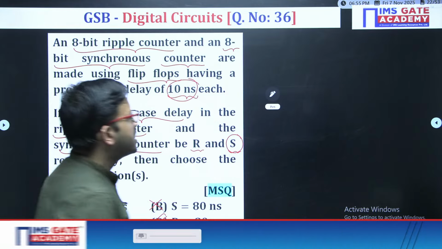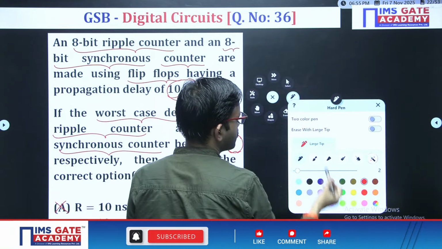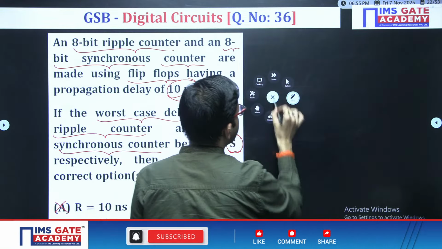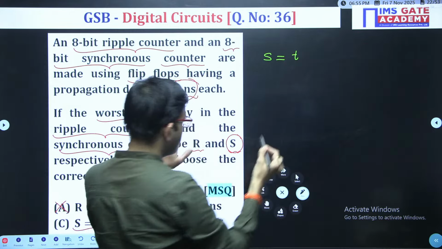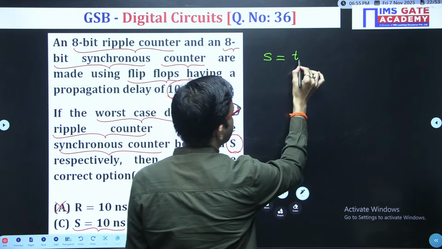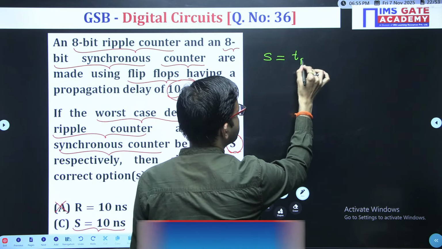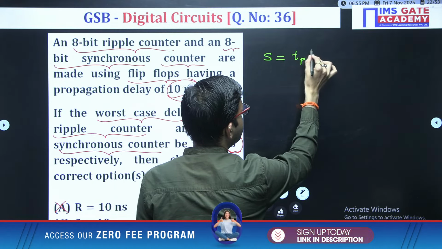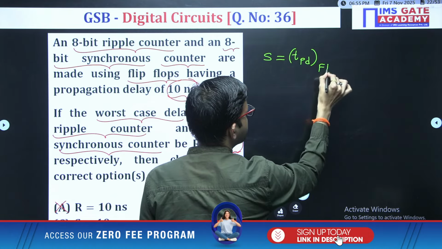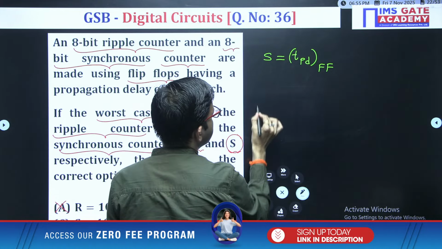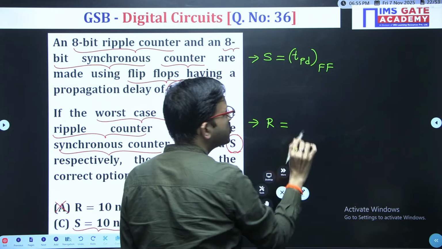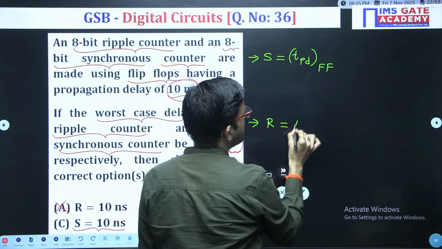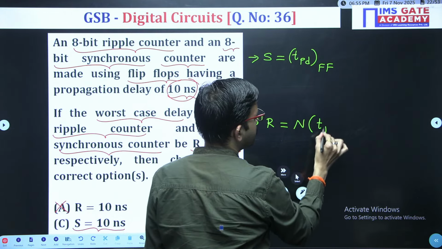Just for reference, I am putting it here. In the synchronous counter, S is just the propagation delay of the flip-flop. Whereas for the ripple counter, however many bits you have, that many stages are there, so n into the propagation delay of the flip-flop.